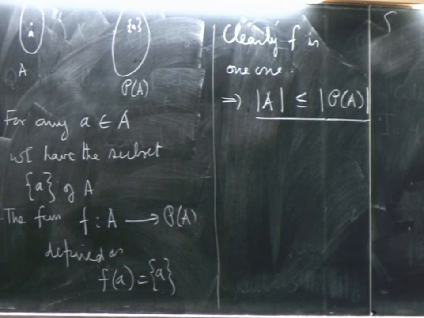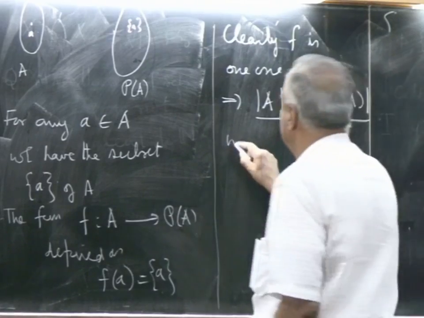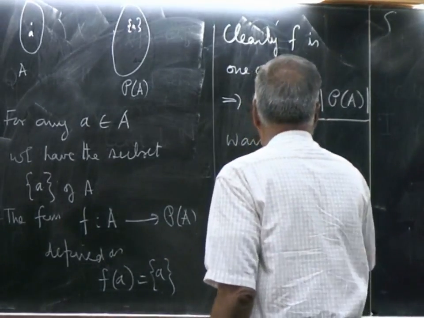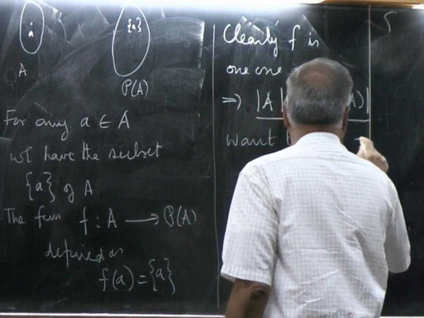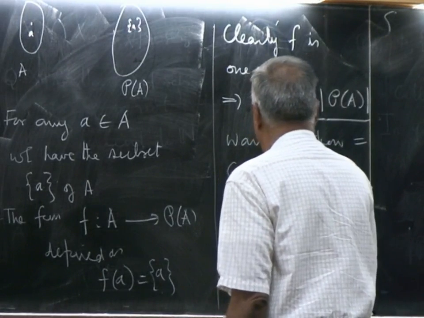What we are claiming is that equality cannot take place. We want to show that the power set is always bigger in size. So, therefore, we want to remove the equality. So, we want to show equality cannot take place.